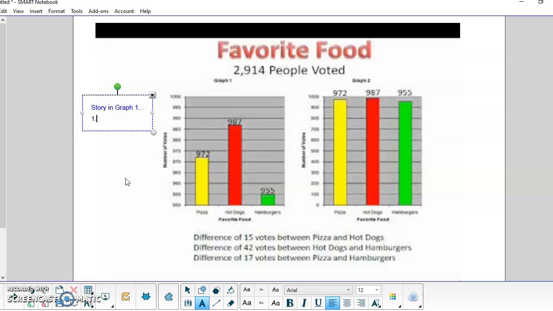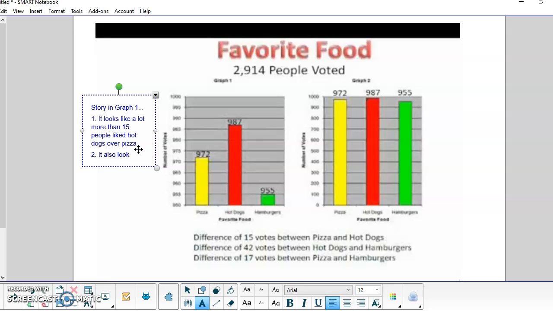Some things that I notice, number 1, it looks like a lot more than 15 people liked hot dogs over pizza. Let me shrink this so we can see it a little bit better. This graph makes it look like there was a huge difference between the number of people that liked hot dogs and the number of people that liked pizza.